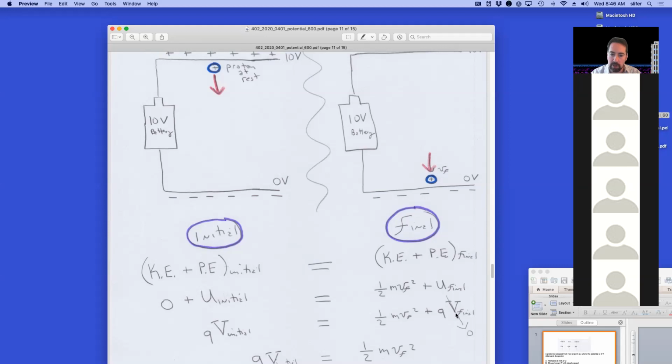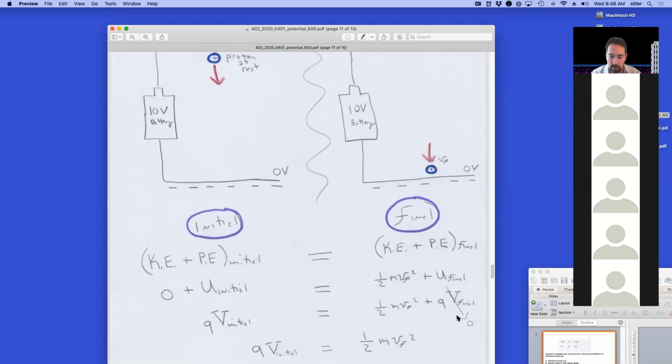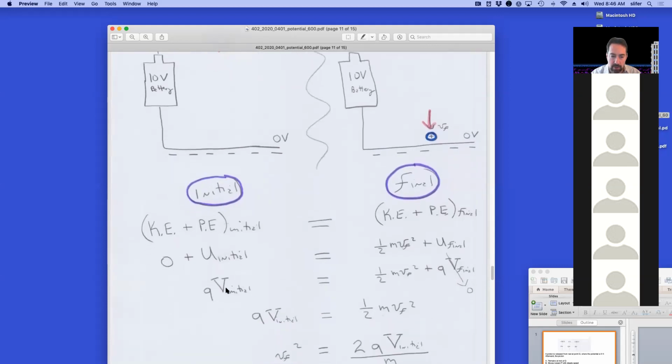But what I've done here is simplify my life and just said that V, the zero of the potential scale, is here, so that this term falls off and becomes 0. This all simplifies down to QV initial, right? My initial electrostatic potential energy is equal to my final kinetic energy.